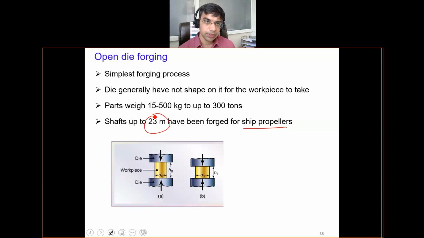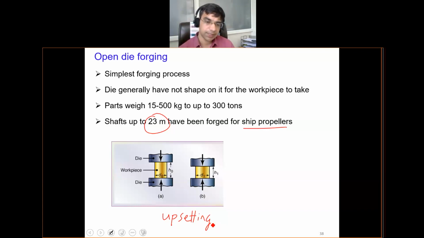So in open die forging, what is the technology? You have two sets of dies applying compressive force. If you go back to our basic processes, this is basically the upsetting process. What you are doing is increasing the cross-sectional area, thereby reducing the length. But in this case, you are not imparting a specific shape to the workpiece.